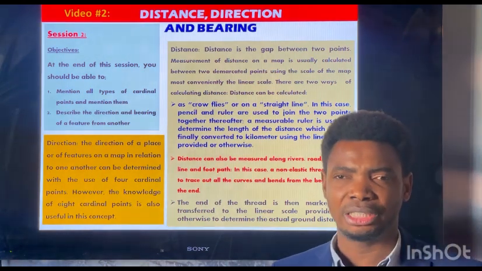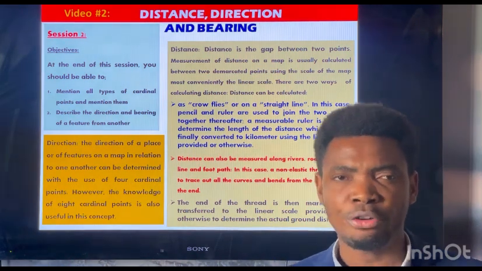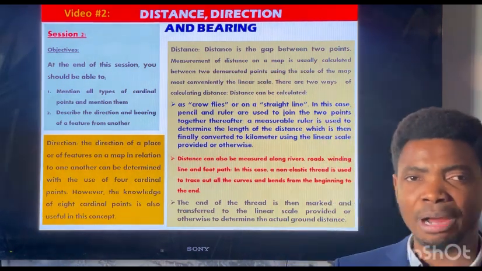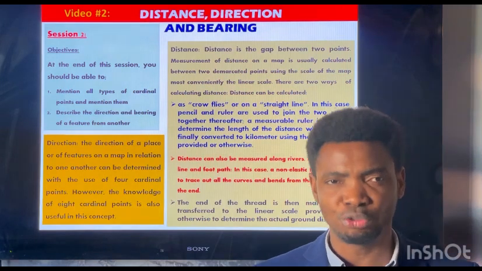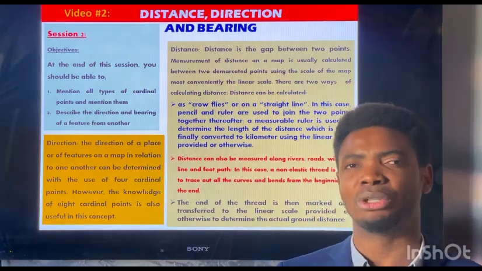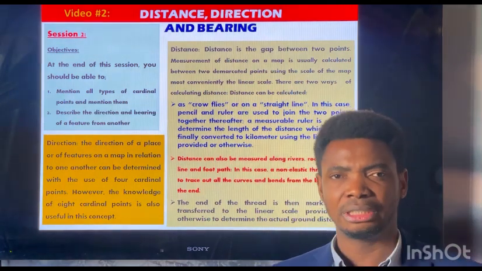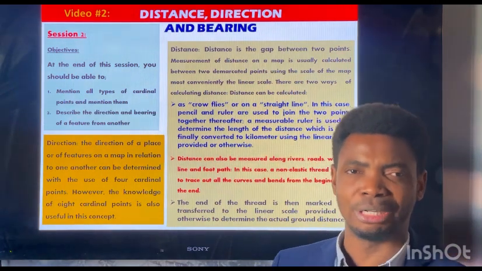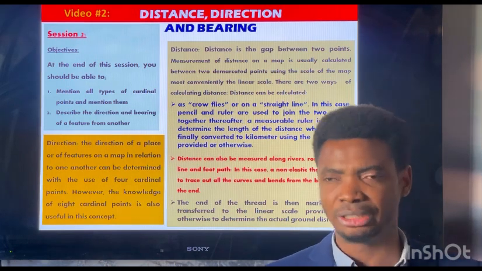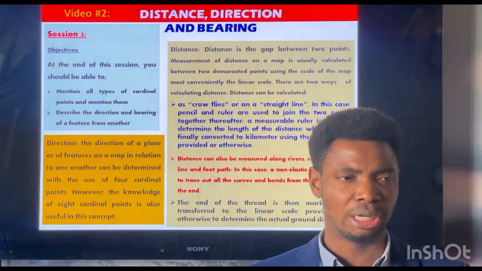But when we say on a curved path, it can be a river path, a footpath, a road, a railway line, etc.